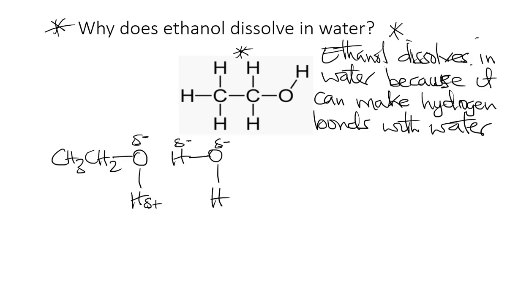So ethanol can make hydrogen bonding and water can also make hydrogen bonding. So that is, ethanol is like water. As such, it is able to dissolve in water because of the presence of hydrogen bonding.